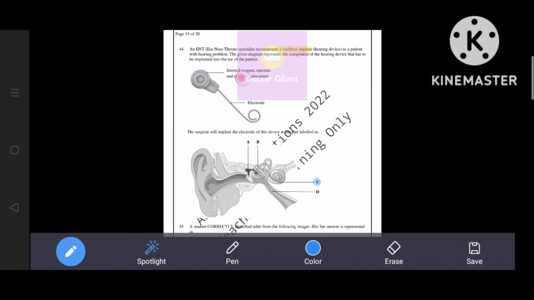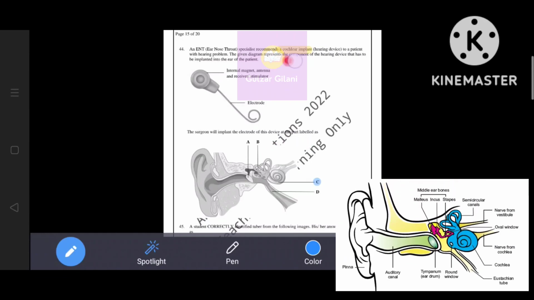Internal magnet, antenna and receiver/stimulator electrode. The surgeon will implant the electrode of this device at the part labeled as cochlear implant. हमारे लिए क्या है? कीवर्ड. हमें आइडेंटिफाई करना है किस लेटर से कोक्लिया को लेबल किया गया. सी से लेबल किया गया है. दैट्स व्हाई सी इज द करेक्ट आंसर.